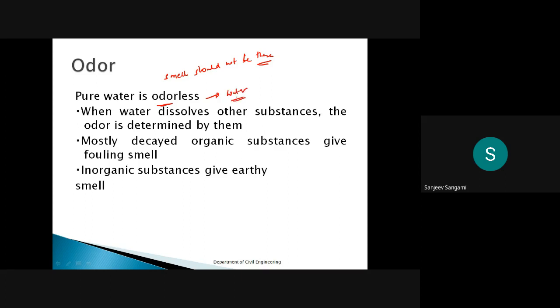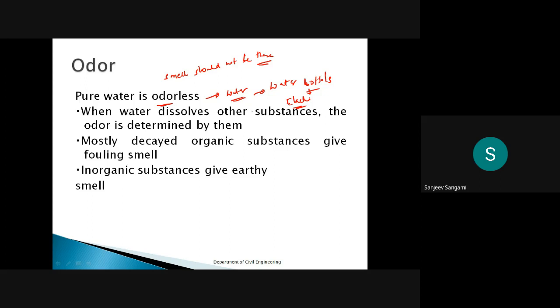Nowadays, in some packaged drinking water bottles, if you go to some Mysore areas, you can find that they mix in some ilachi (cardamom) and other things, and the water has a smell. Don't be under the impression that it is suitable.